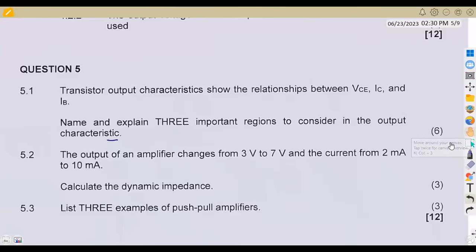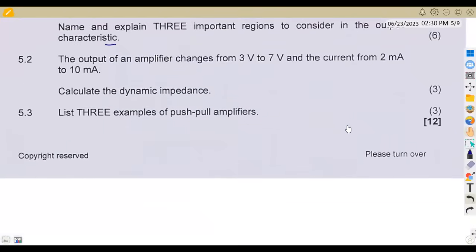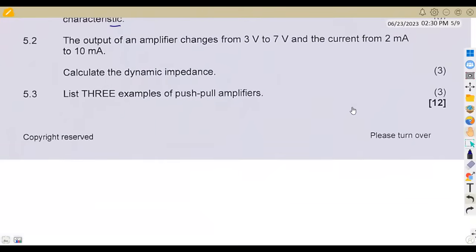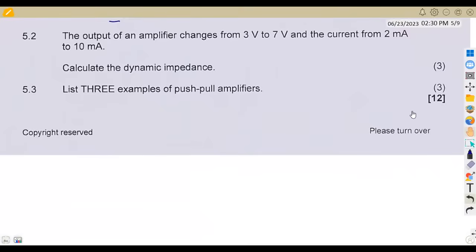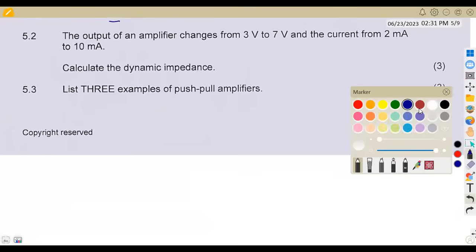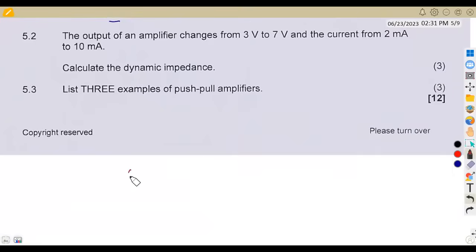5.2, we are given that the output of an amplifier changes from 3 volts to 7 volts and a current of 2 milliamps to 10 milliamps. Calculate the dynamic impedance in this case. So the dynamic impedance is simply our output impedance, which we can write as R out, the change in voltage over the change in current, just like voltage over current gives us impedance.